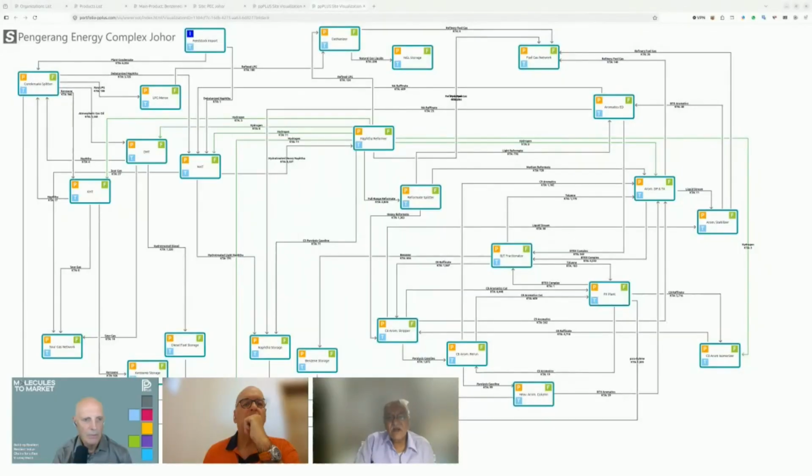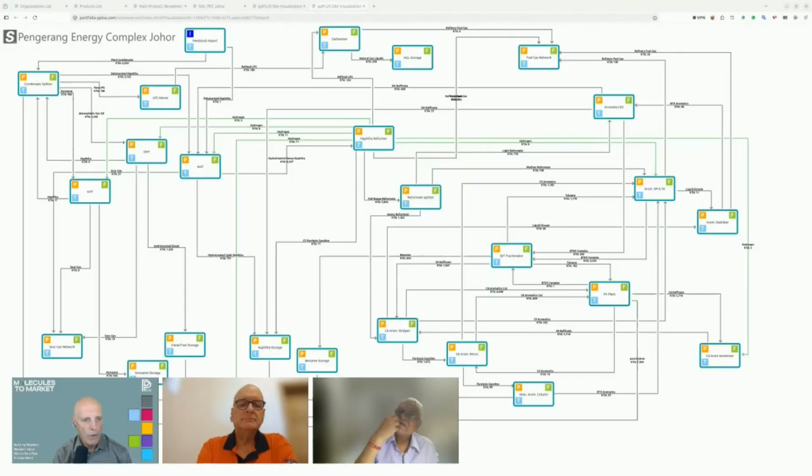Yeah, so I wanted to show this diagram. This is how we are going to translate the information you provided about the units and the configuration of the refinery.